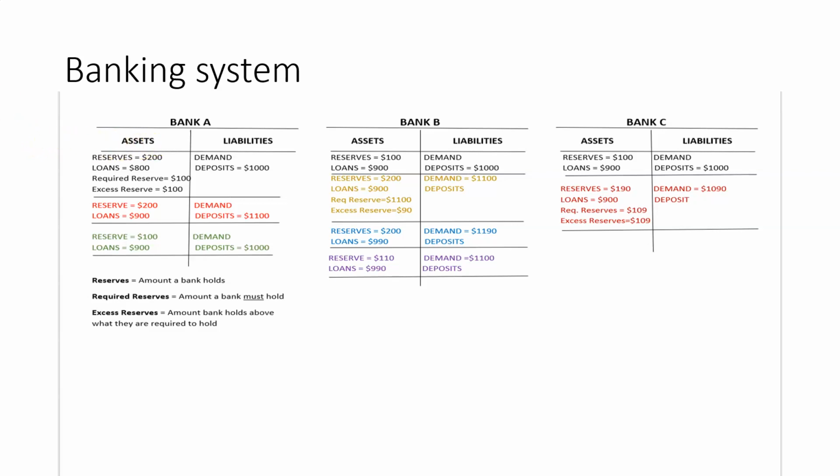So in the case of a bank, they have two assets: their reserve account and their loans. On the right-hand side, they have liabilities, and these are things that you owe. In the case of the bank, it's their demand deposits. It's what people have deposited in their account.